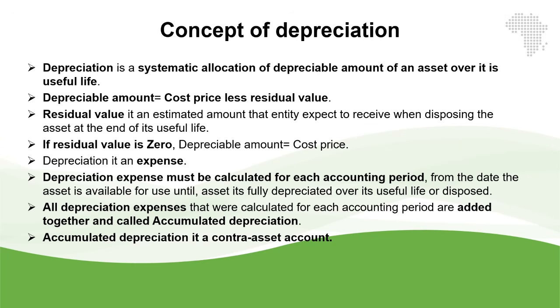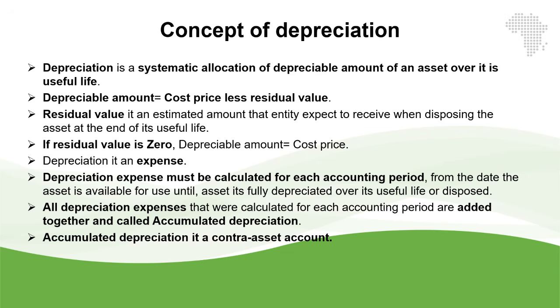What is also important here is that we need to make sure that the depreciation expense is calculated for each accounting period. But when do we start calculating the depreciation on property, plant, and equipment? From the date the asset is available for use.